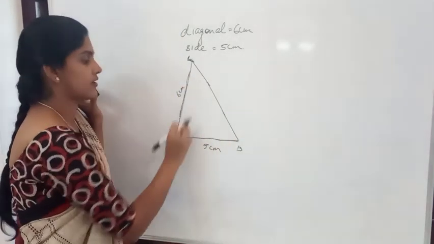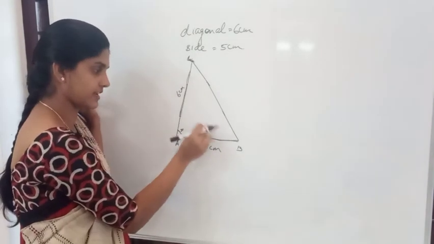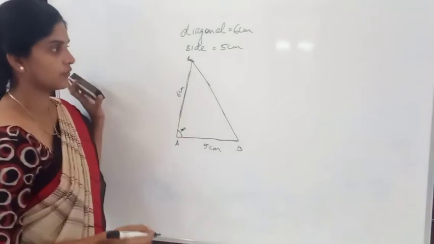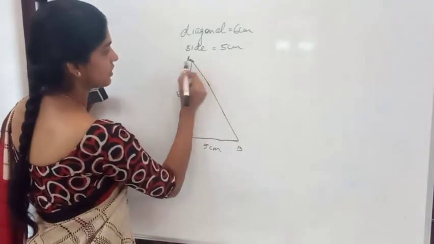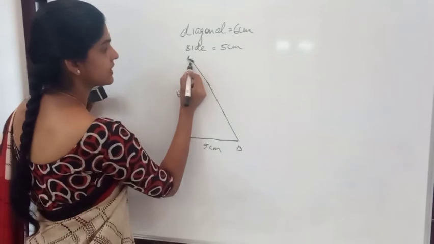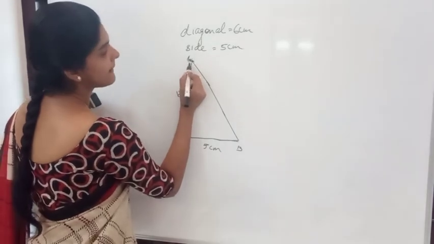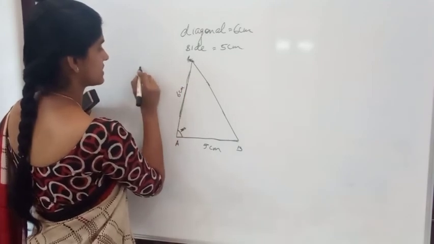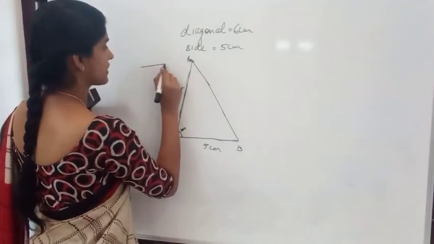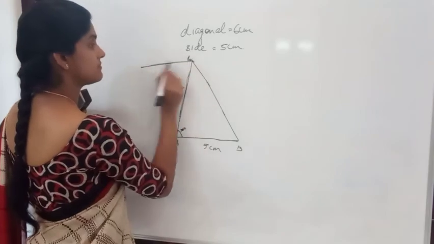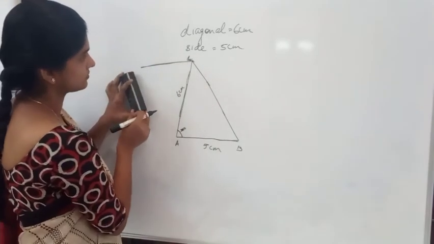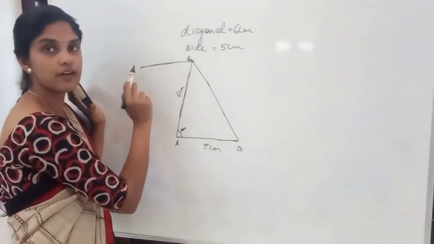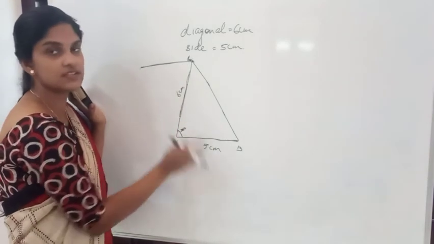Now we have got a portion of the rectangle. Now this angle is what? The whole angle will be 90 degrees, right? So place a protractor over here, take 90 degrees. Draw a straight line through that 90 degree from the point C. If this is 5 centimeter, this also should be 5 centimeter because these are the opposite sides.